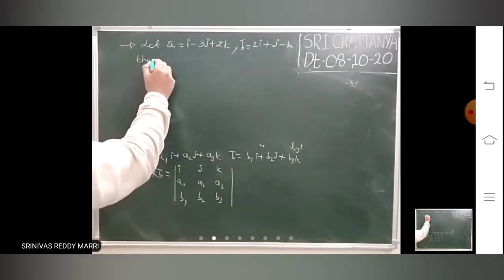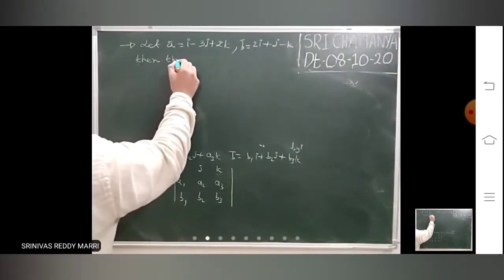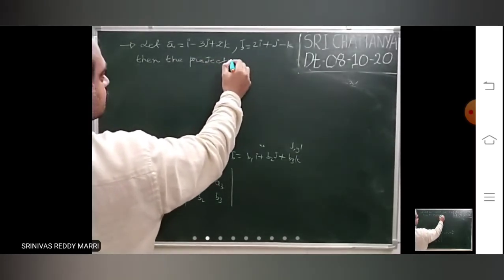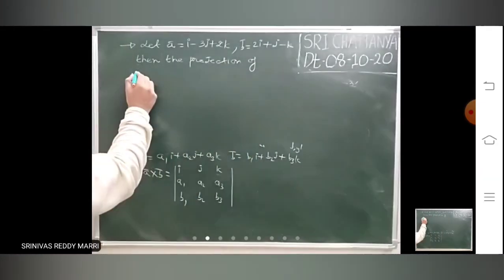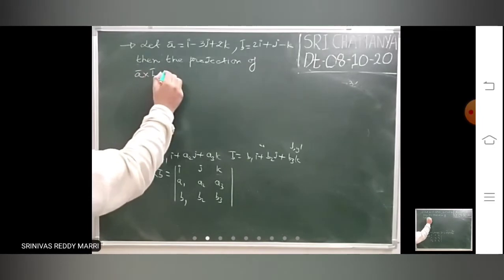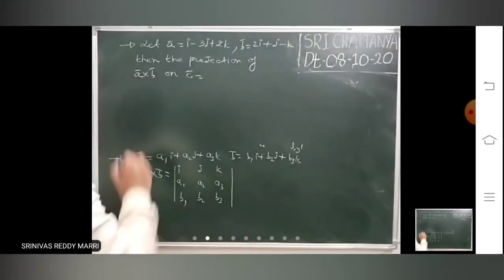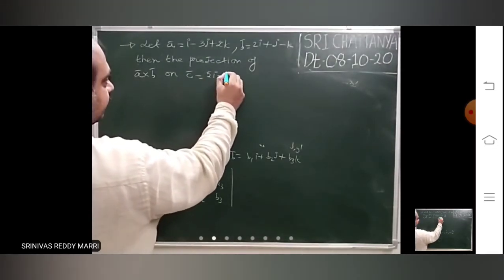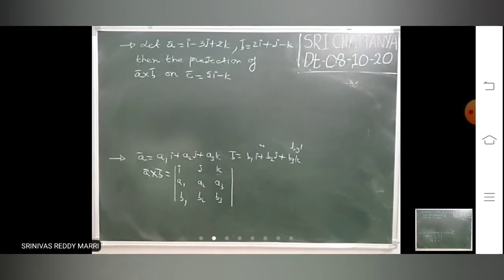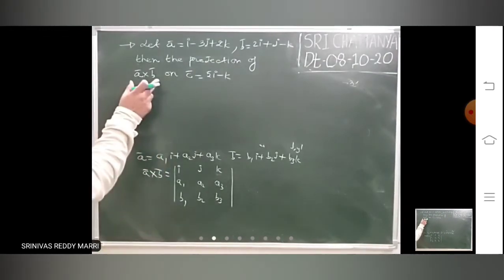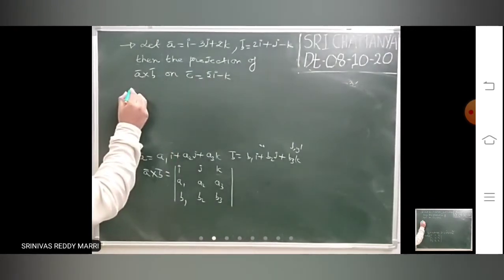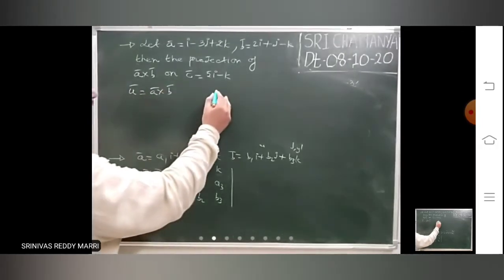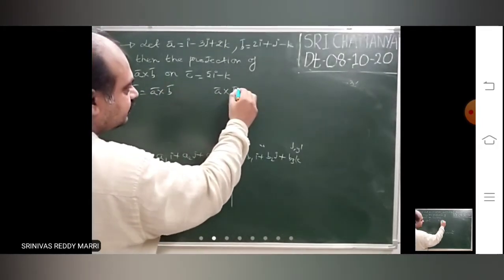Then find the projection of A bar cross B bar on the vector C bar equals 5i minus k. Look at this vector projected on this vector. First we will calculate, let us say U bar is A bar cross B bar. So first we will calculate A bar cross B bar.